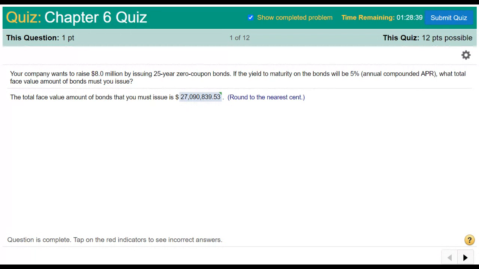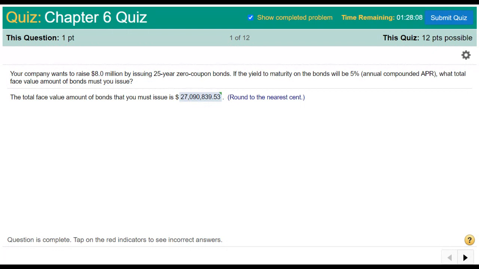I'm lending you $8 million today, and you need to pay me back in 25 years the future value of 8 million, right? So we're going to say N equals 25, I/Y equals 5%, payment is 0, right? Zero coupon, meaning there are no other payments.